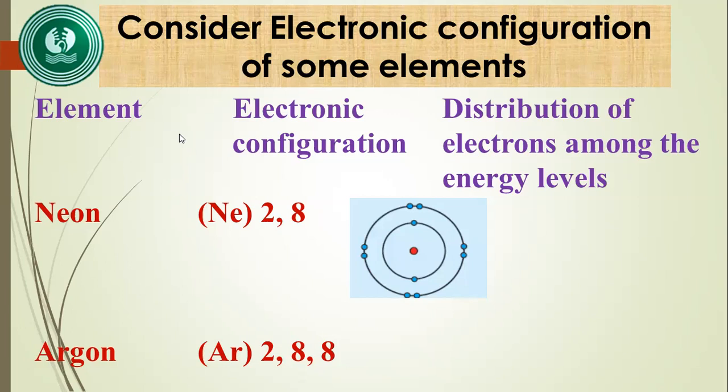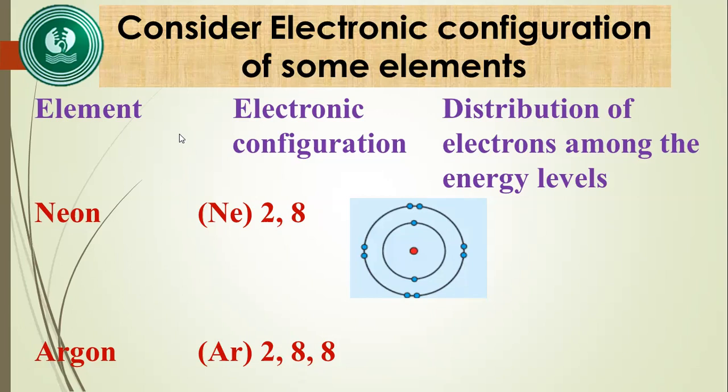The first energy level can hold a maximum of 2 electrons, so it has 2. The other one has 8. So in neon, the two energy levels are fully occupied.